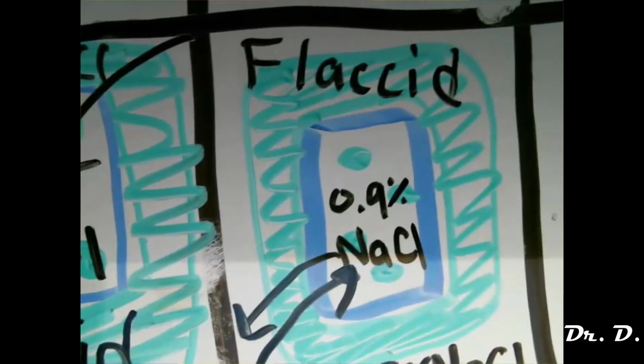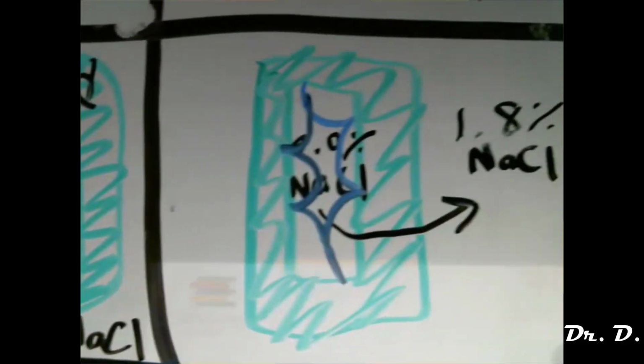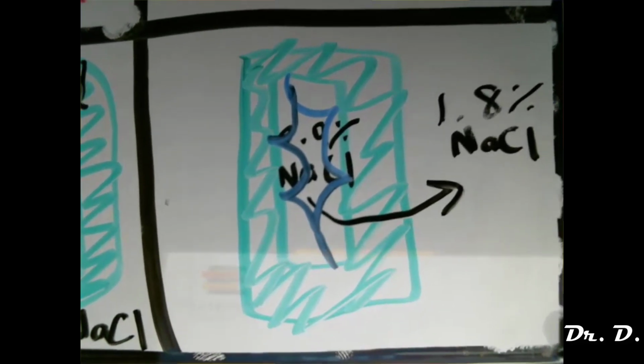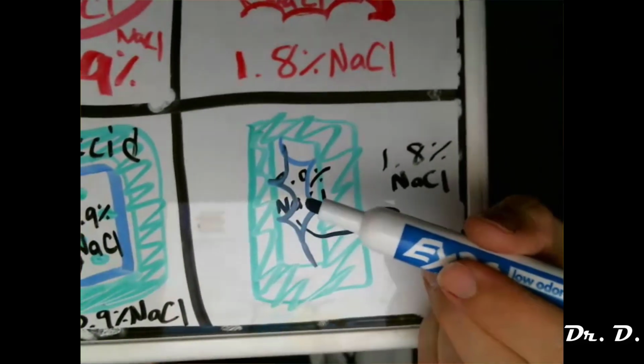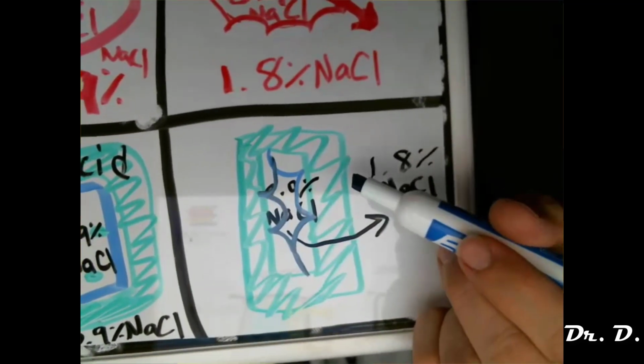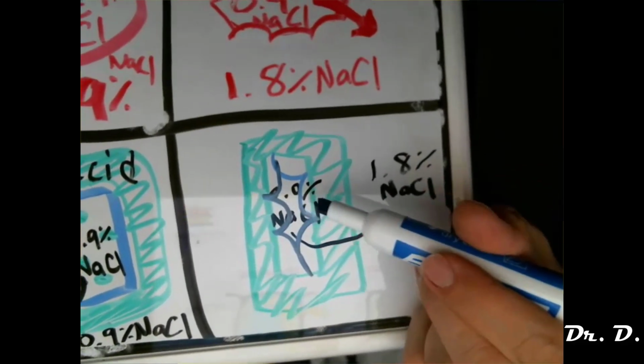Look what happened in the hypertonic environment. Because water leaves the cell and the cell dehydrates. But the cell wall is too tough to shrivel up, but the cell membrane will shrivel up.